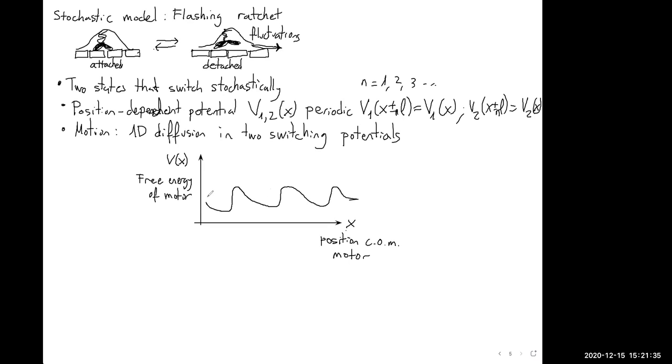Okay, and the other one, so this one has the minima here, here, here. This is periodic, you see it. The other one is also periodic, and the period length will be the same. So this distance here will be L. The other one will also have period L, but the minima of the potential are located in different positions.